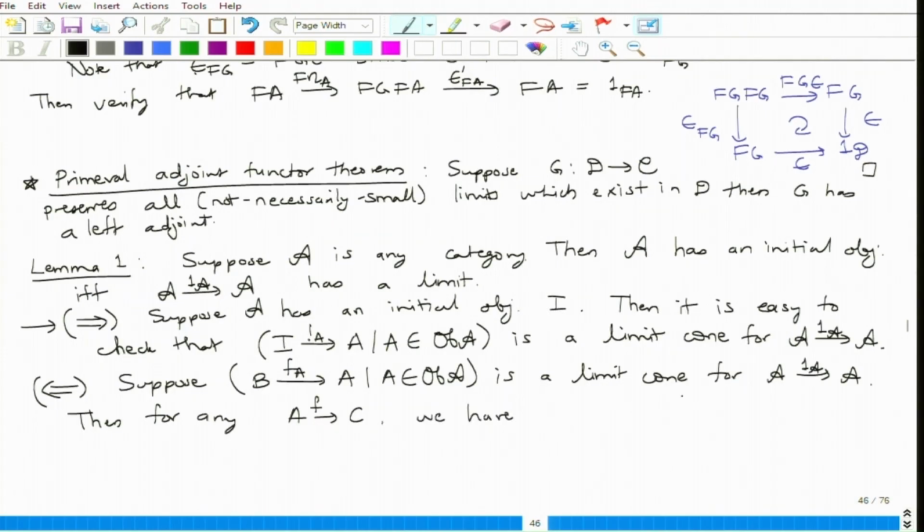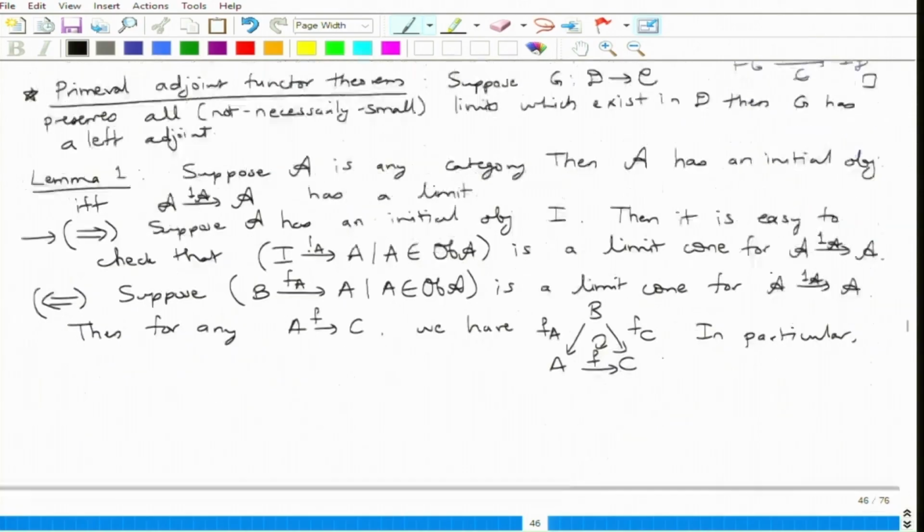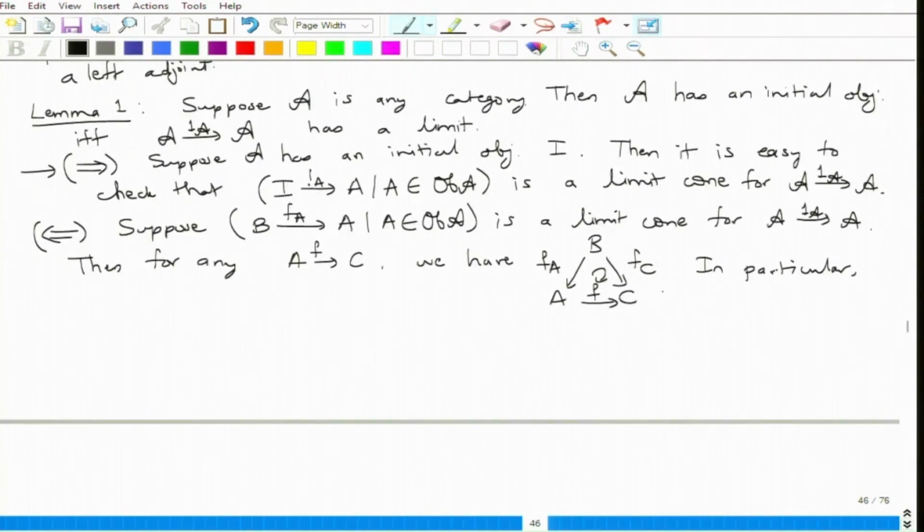Which diagram commutes? Well, this particular diagram. This is FA, then this is FC, and this is F. We have this diagram commuting. So in particular, what can we conclude from here? We have to substitute something very specific. Can you tell me what?